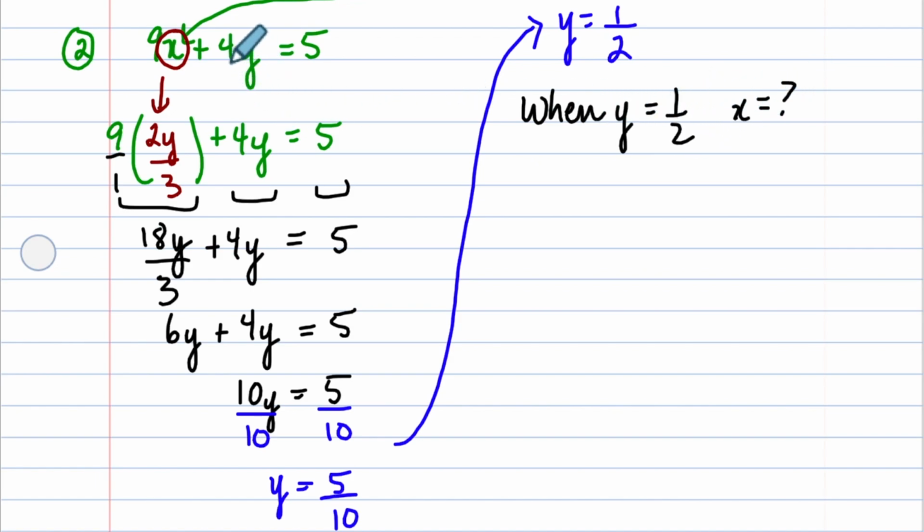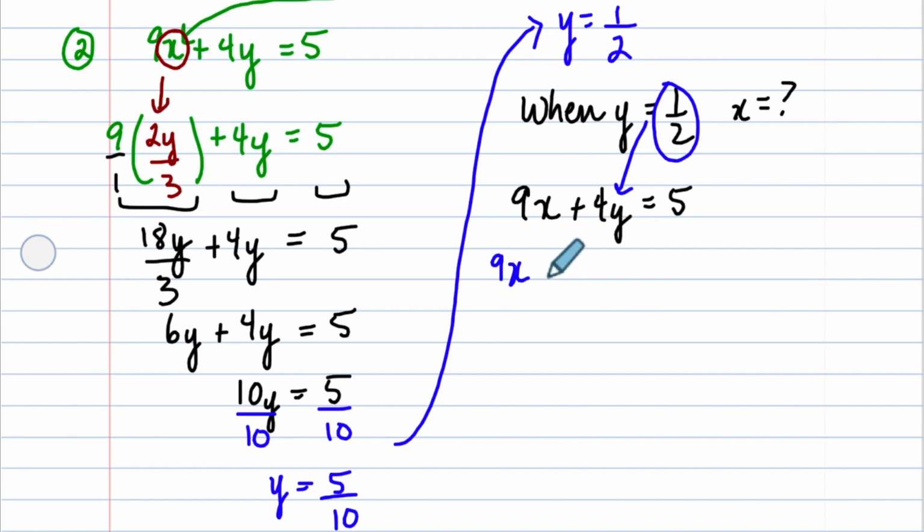And let's use the second equation again. 9x plus 4y is equal to 5. Plug in the half right there. 9x plus 4 times 1/2 is equal to 5. 9x, 4 times a half is 2.